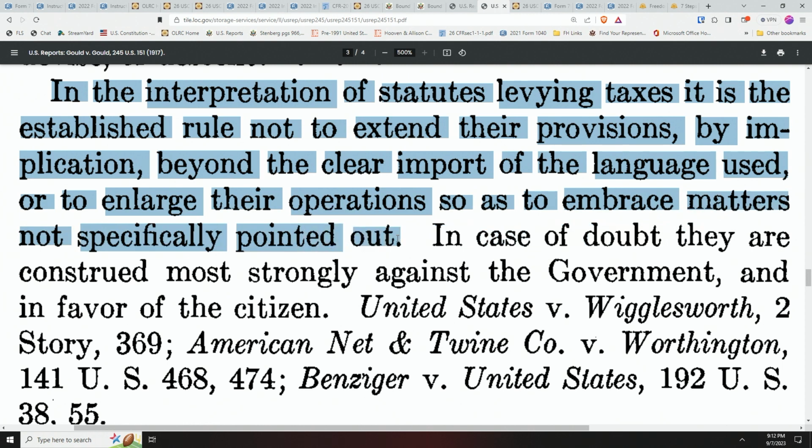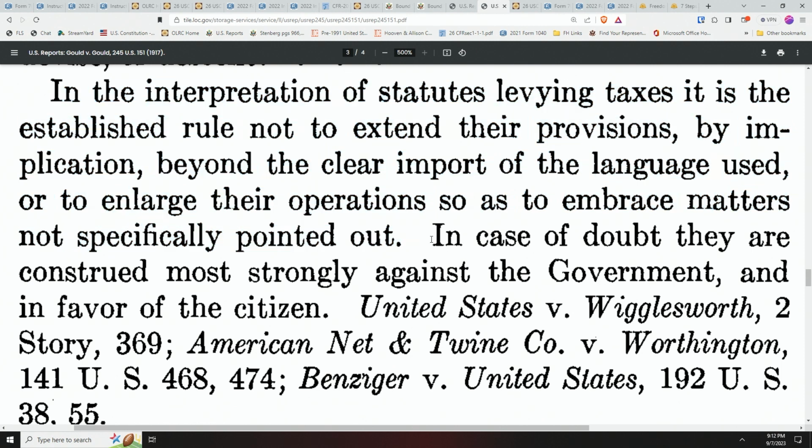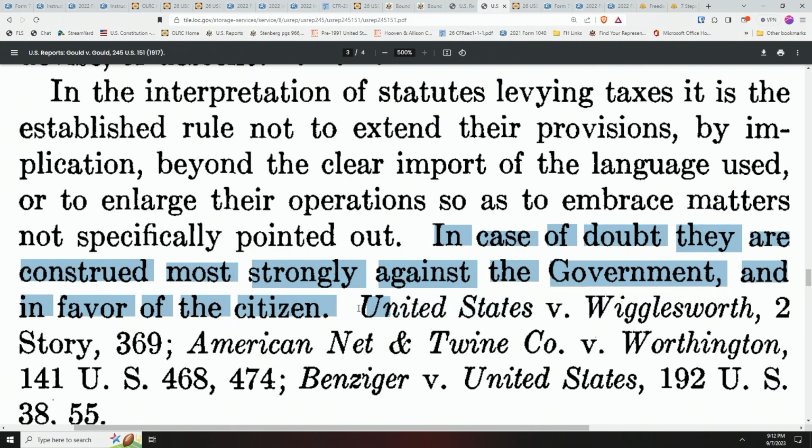If it's not specifically pointed out, it's not there. And if you have any doubt, the tax laws are construed most strongly against the government's power to tax and in favor of the citizen not being taxed.